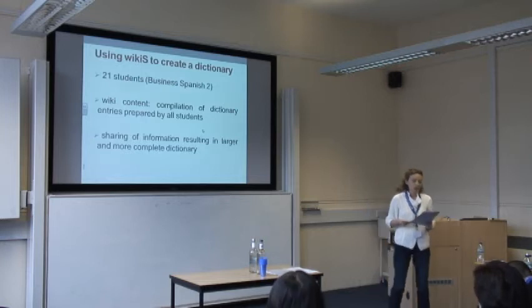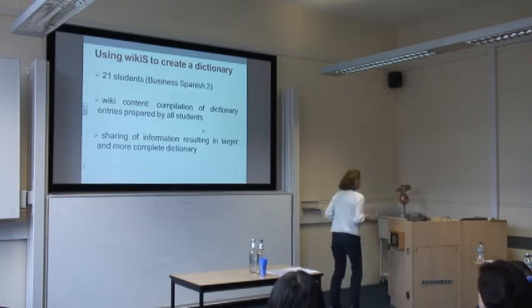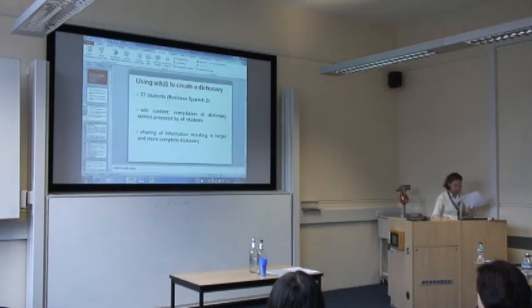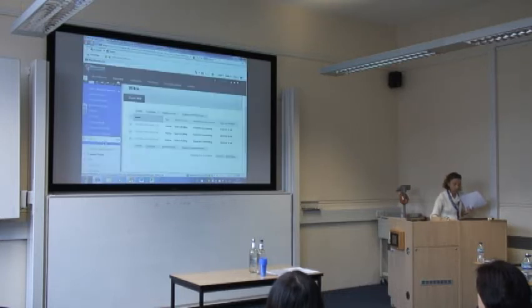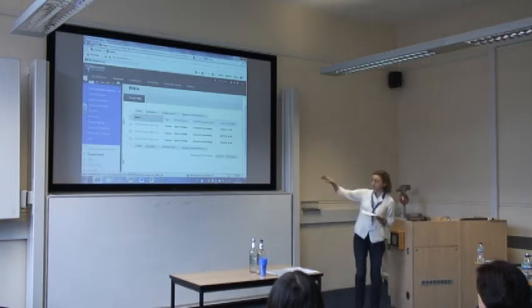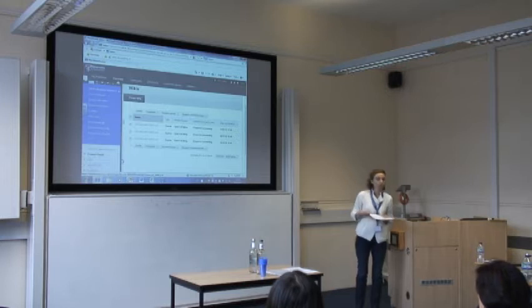I'm going to show you how it looks in Blackboard. So you can see there that we have at the moment 3 wikis. We are working on the 3rd one, which corresponds to the textbook units 5 and 6.